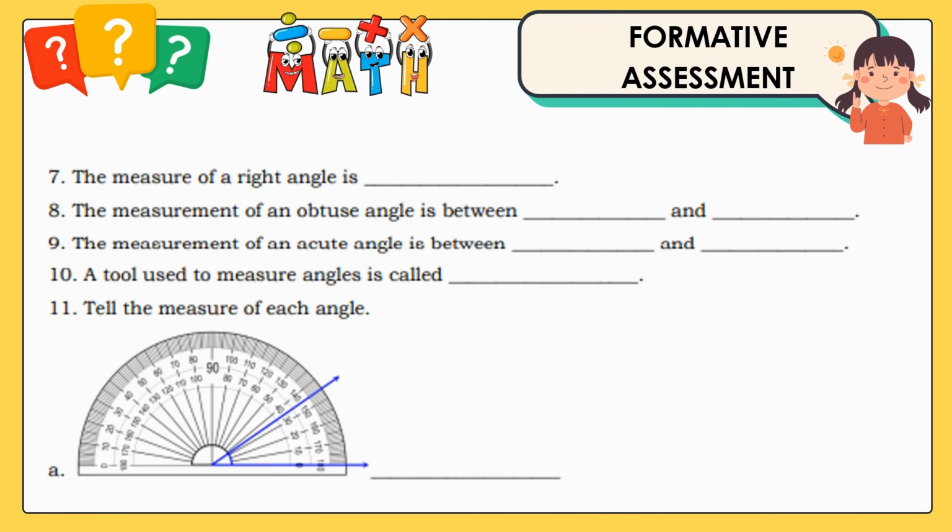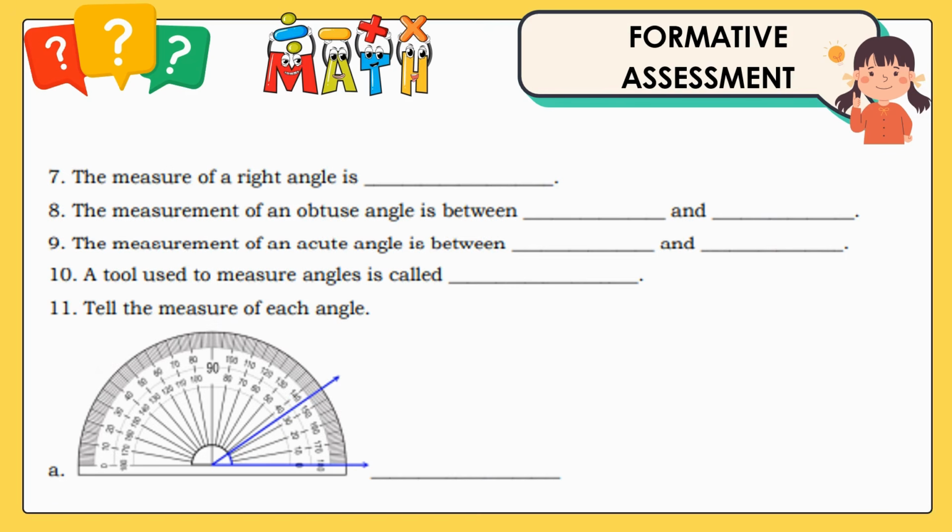Number 7, the measurement of a right angle is blank. Number 8, the measurement of an obtuse angle is between blank and blank. Number 9, the measurement of an acute angle is between blank and blank.